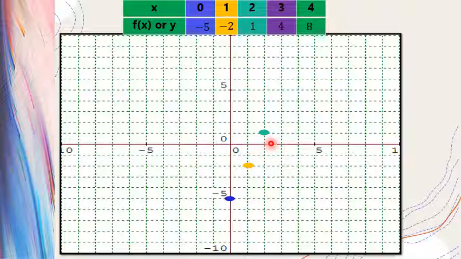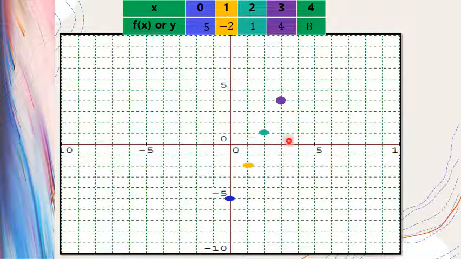Then for this color, the ocean blue, the 2 and 1: 1, 2, and this is 1. Then another one is the violet, 3 and 4.